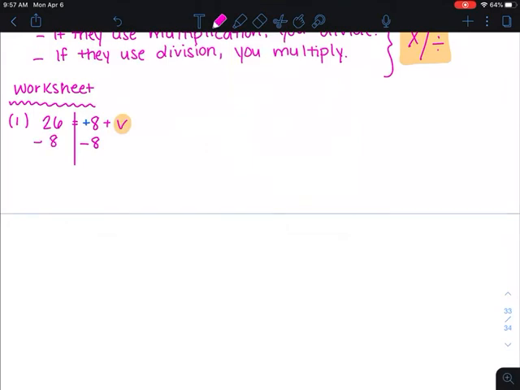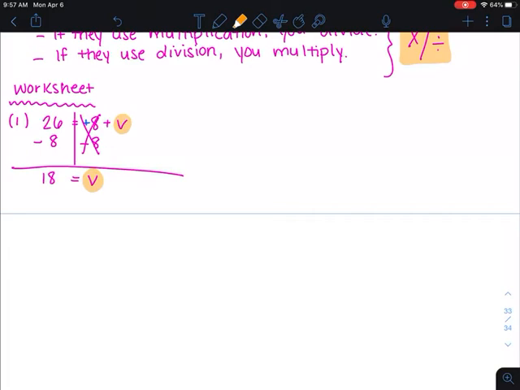Okay? So if I subtract 8 from both sides, 8 minus 8, this part will always cancel. My equal sign will always stay along this line. So I have v left by itself, and 26 minus 8 we said was 18.